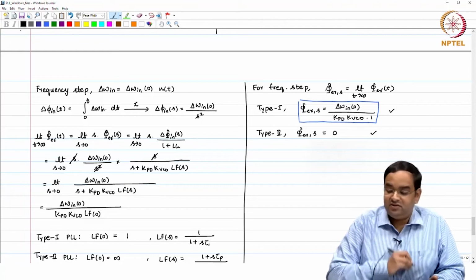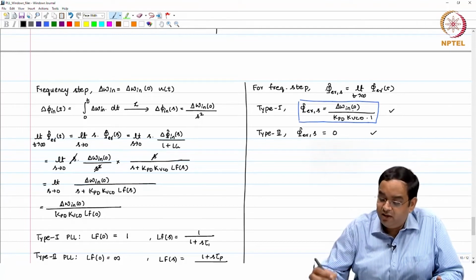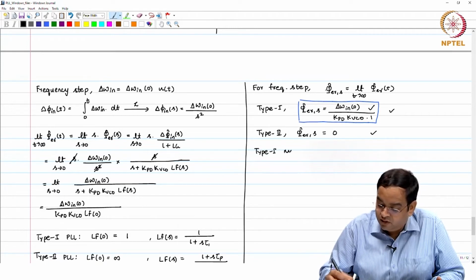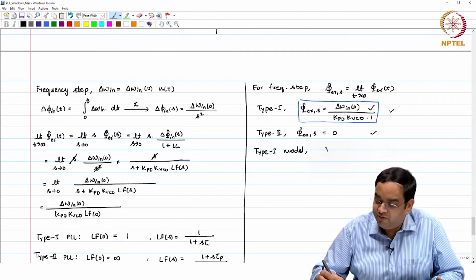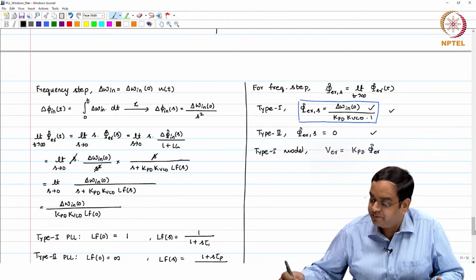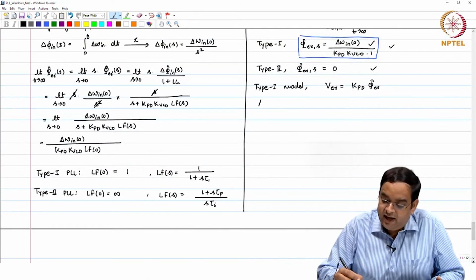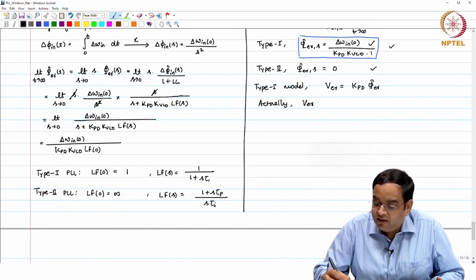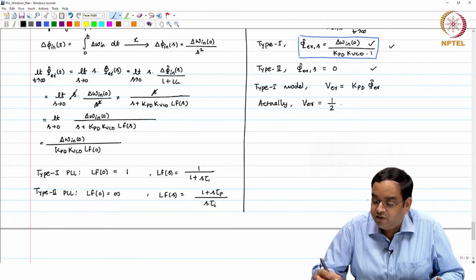So, why is this important? Well, we have seen earlier that in the model for type 1 which we are using, just to remind you, V error is kPD times phase error. Okay. But actually, if you remember, V error is equal to half of sine times the phase error.